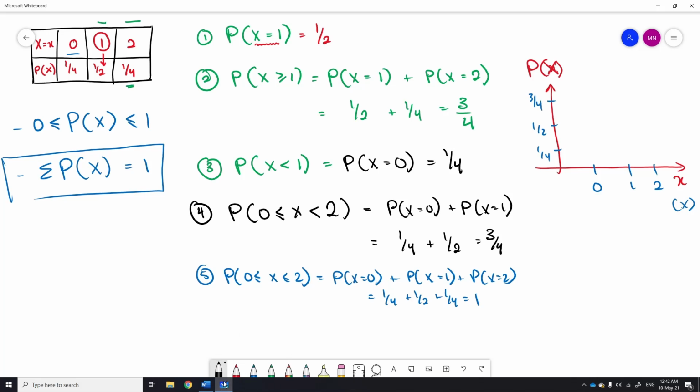When x is equal to 0, the probability is 1 over 4. When x equal to 1, the probability is 1 over 2. When x equal to 2, the probability is 1 over 4. Just make a line, and that is the graph for the probability distribution function.